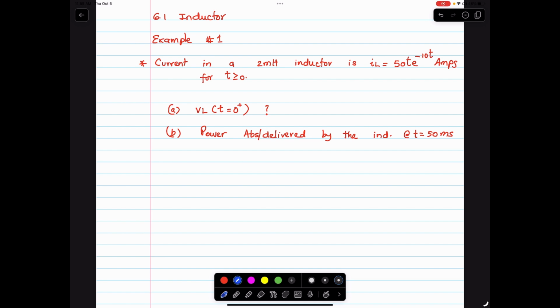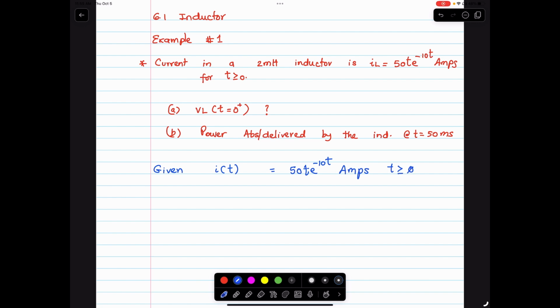So how do you begin? Well, the first thing we want to notice is what is given. In this problem, we are given I of t. It's not a value, it's an expression, 50t e to the minus 10t amps for t greater than or equal to 0.